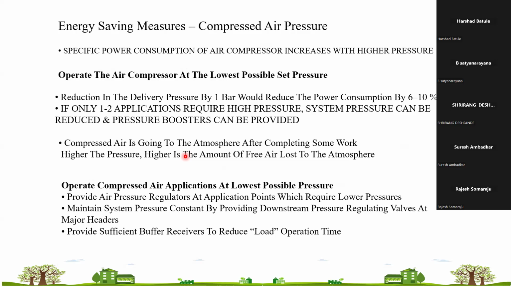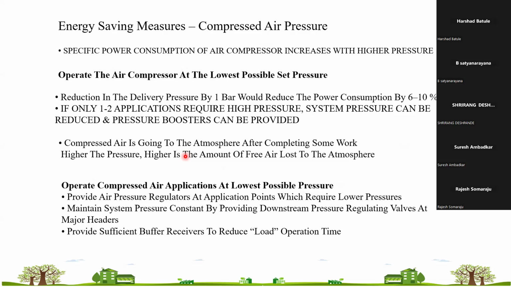So the first primary thing is the location of your compressor. If you are placing your compressor near your furnace or near your cooling tower, you are in disaster mode, because you are not allowing normal ambient air to pass to your compressor.